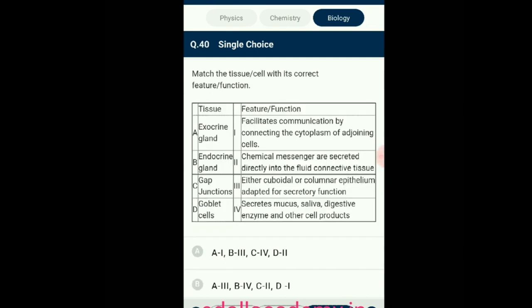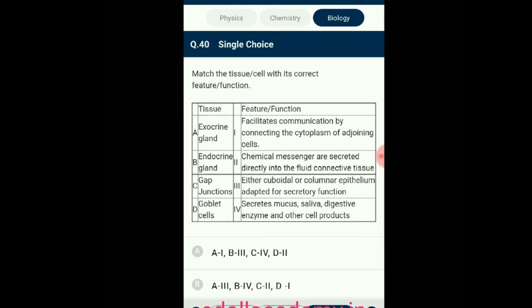Question number 40. Match the tissue or cell with its correct feature or function. Exocrine gland is formed of secretory epithelium whose secretions are released in a duct rather than directly mixed into the bloodstream. Endocrine gland is again formed of secretory epithelium and its secretions, called hormones, are directly released into the blood, that is fluid connective tissue.